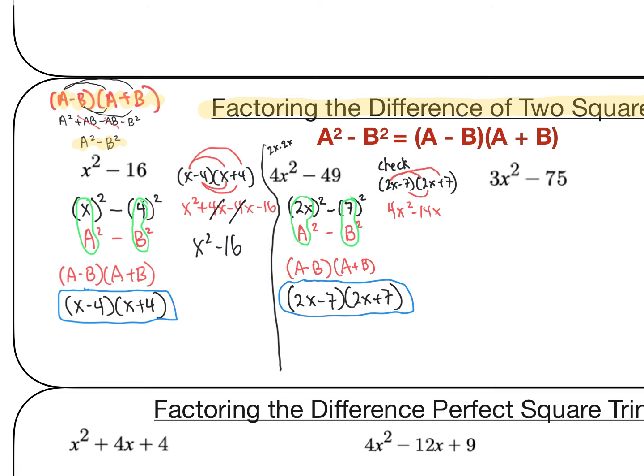I'm sorry, positive 14x there. Then a minus 14x, and then a minus 49. These are going to go ahead and cancel each other out because they're opposites. And at the end of the day, we'd get 4x squared minus 49, which we know is the same as this there. So we know our factoring pattern is correct. Okay. So moving on to the next one.